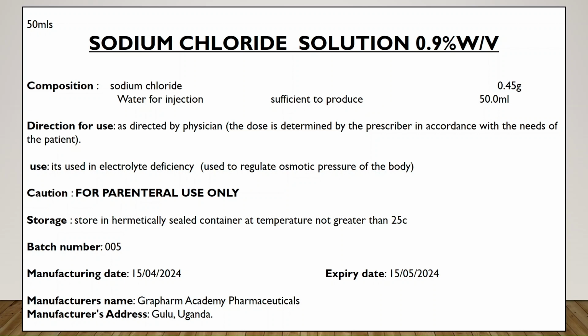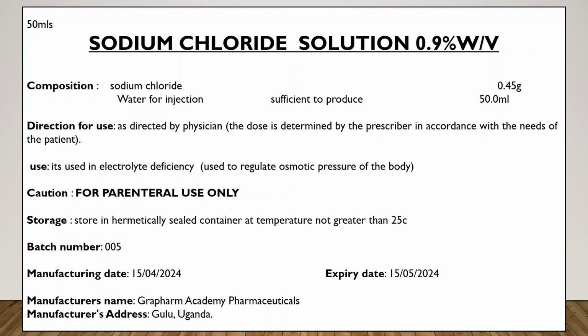Okay, that's why we always advise you to put as directed by the physician, unless you are preparing a product for a prescription that has already been presented to you. If the prescription has been presented to you, you have interpreted the prescription, and now you can put the clear direction for use, because you are giving it to a specific patient.